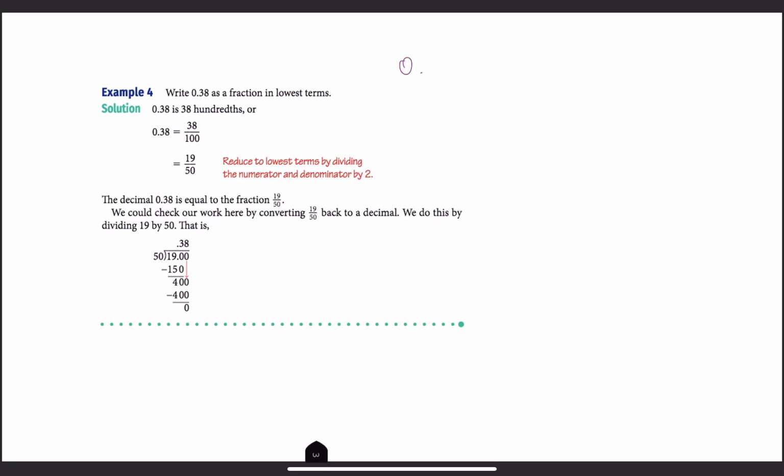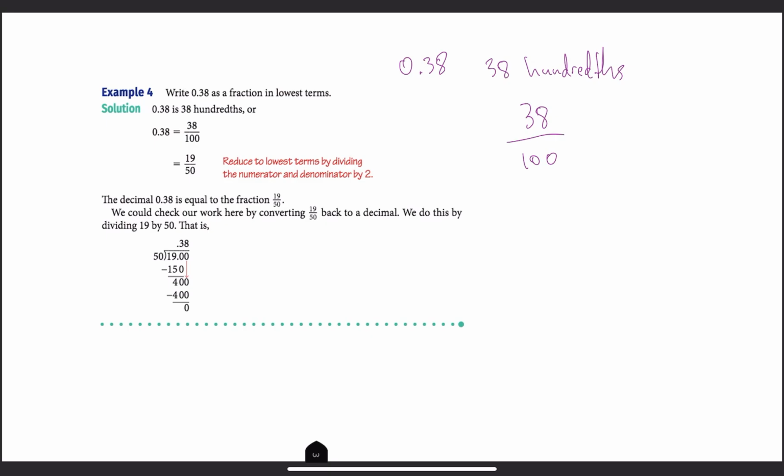What if you want to go from a decimal back to a fraction? You can simply read it as its place value. So in this case, it's 38 hundredths. And you can write it as 38 over 100, 38 hundredths. It's fractional form. Now, the only trouble with this, of course, is that you have to reduce fractions to their simplest form.